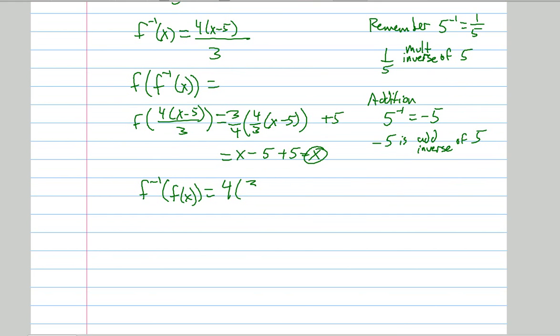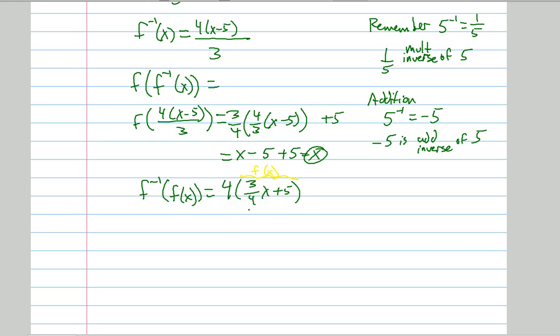So I'm going to write 3/4 x plus 5, because this whole piece right here is f of x. Where are we? Oh, I have to get my equation right here.